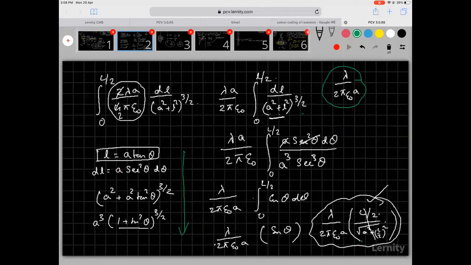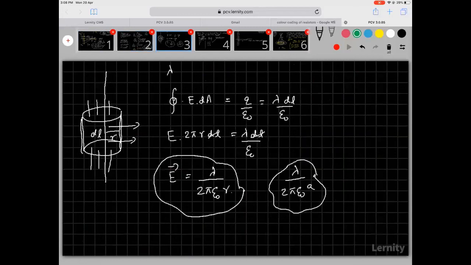Next, I applied Gauss law and did the same thing, and showed you how simple Gauss law is. That is the beauty of Gauss law. If we don't apply Gauss law, it takes us so much time and energy. But if you understand what Gauss law is, we do it in a few minutes.